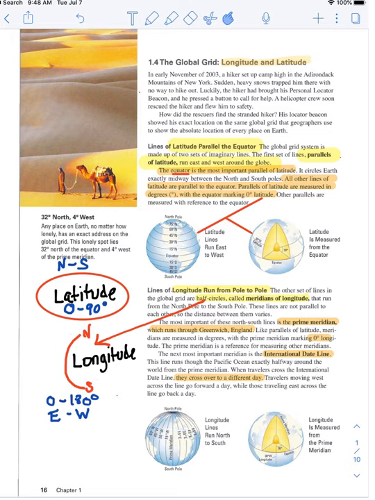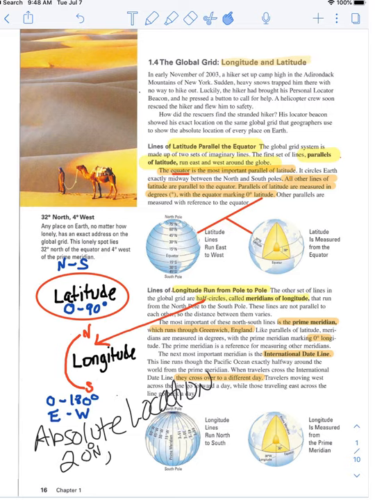Now, an absolute location is one that we can find absolutely. When we look at this in longitude and latitude, it's going to look something like this: 20 degrees north by 85 degrees west.